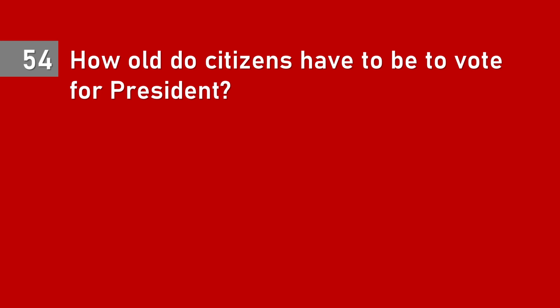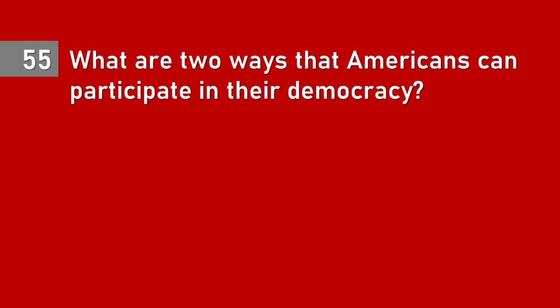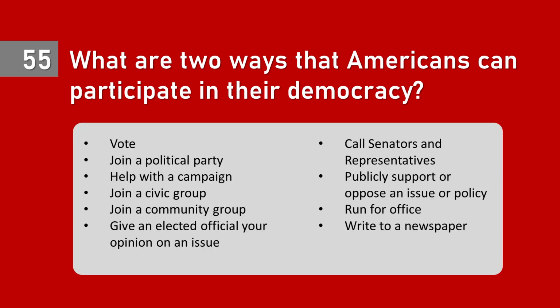Question 54. How old do citizens have to be to vote for president? 18 and older. Question 55. What are 2 ways that Americans can participate in their democracy? Vote. Join a political party.